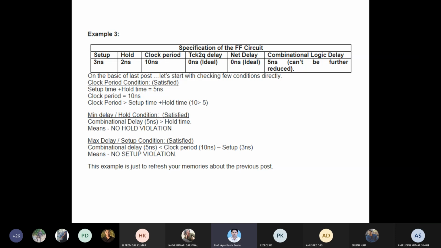So we have to check whether the combinational delay, which is maximum 5 nanosecond, is less than your clock period 10 nanosecond minus 3 nanosecond. So yes, 5 nanosecond is less than 7 nanosecond. So there is no setup violation. If you put all these conditions together, you can say that this circuit design is free from all the violations, right?